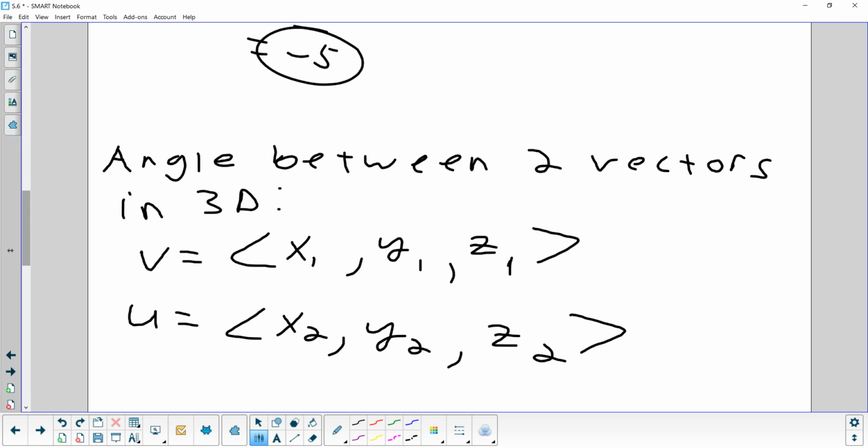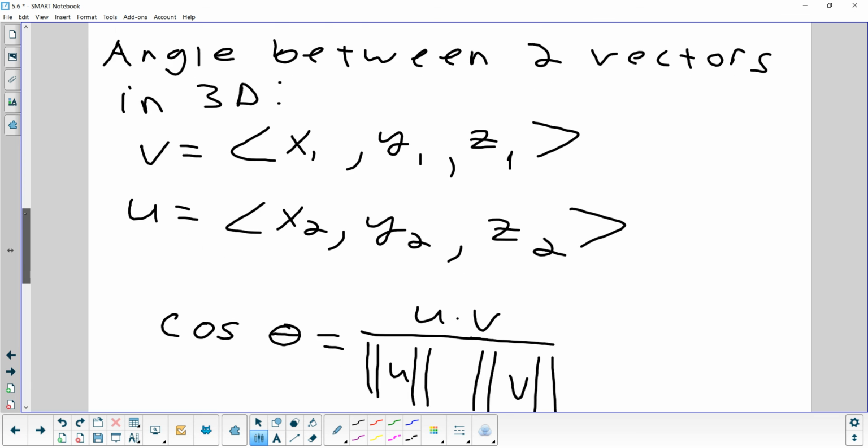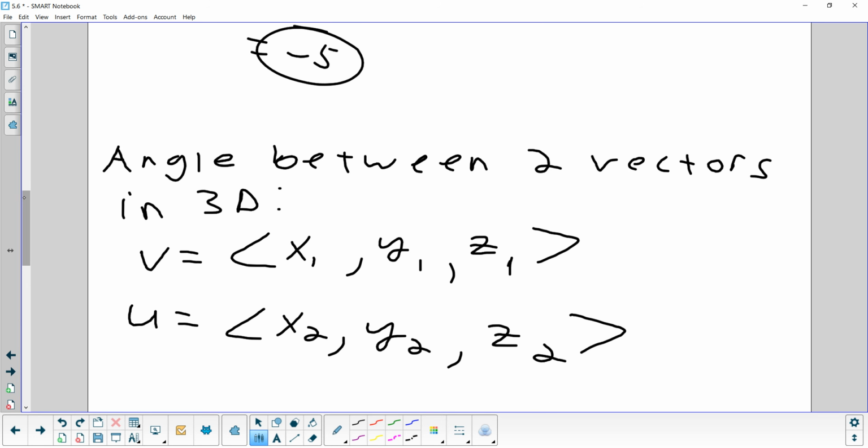All right, first of all, we're going to be doing an angle in 3D. We need vectors that are in 3D to do it. So here are 2 vectors in 3D. What trig function did we use when we were finding the angle between 2 vectors? It's the one that was on the left. Jacob? Cosine.